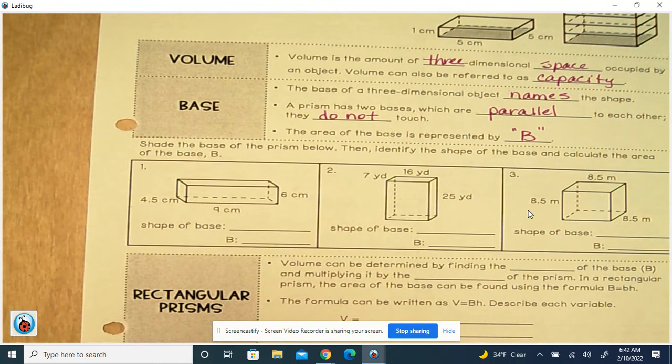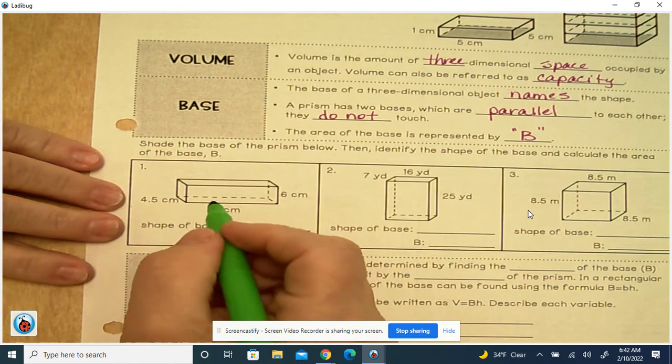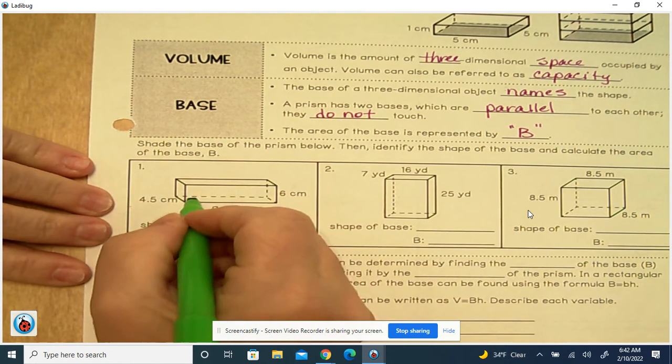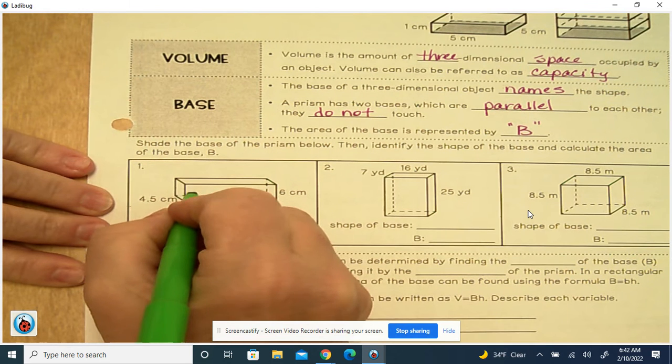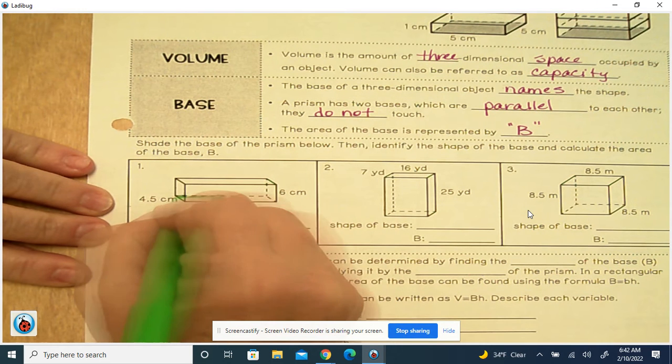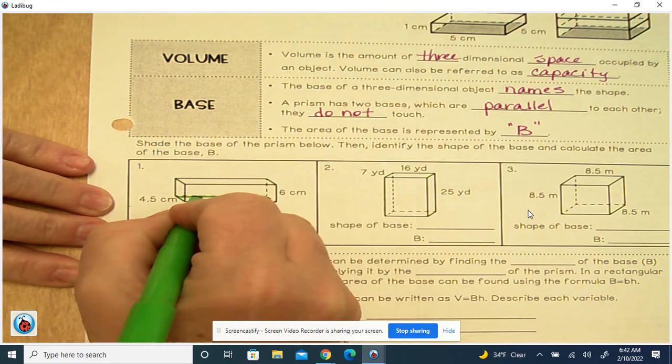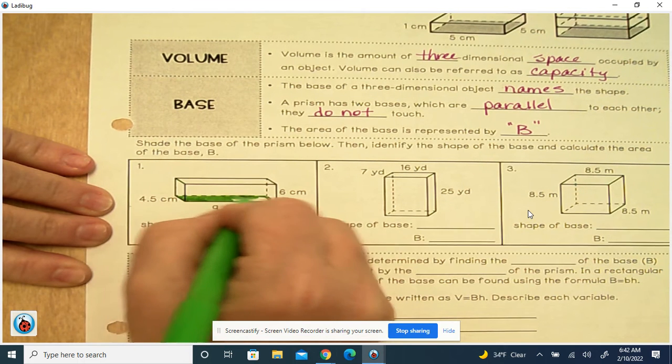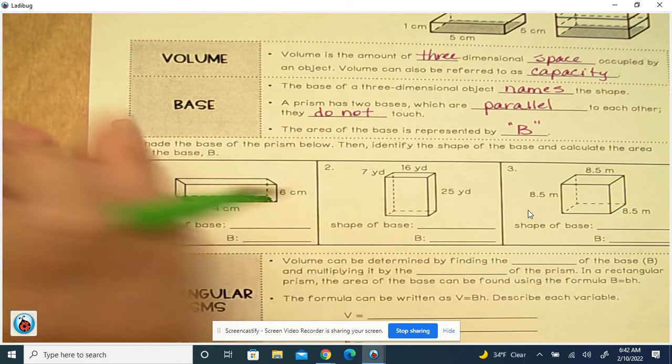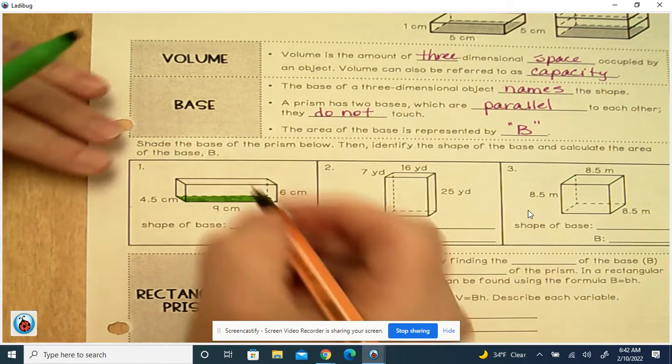Let me find a colored pencil or something. I'll use this highlighter. We want to shade the base, and it's a rectangular base. So I'm going to shade that right there. There's the base, and it's rectangular.